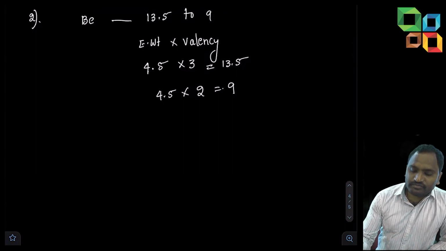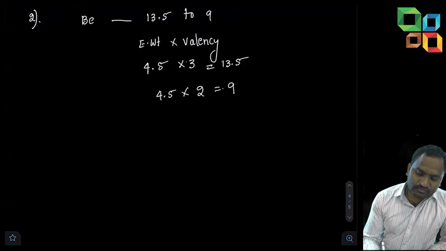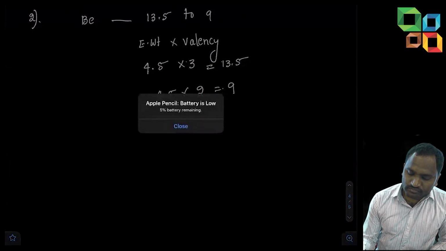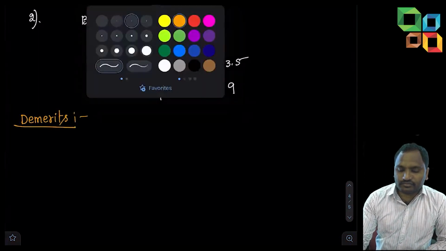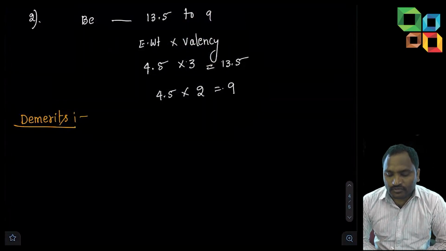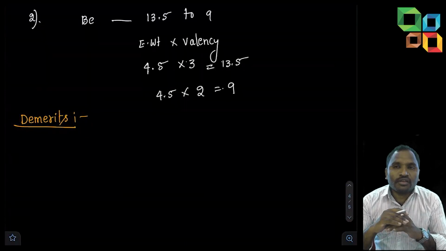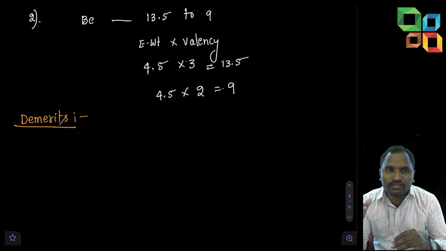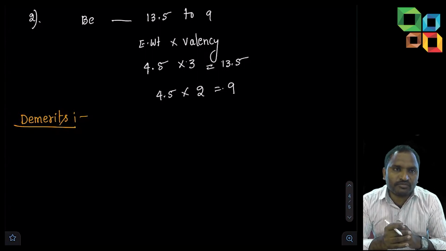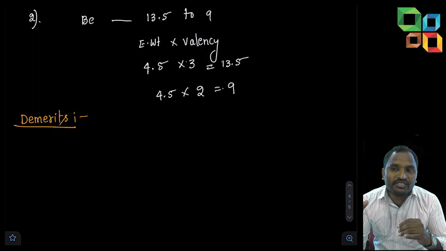Next one, demerits. If we follow strictly the increasing order of atomic weights, some elements' properties are not visible.